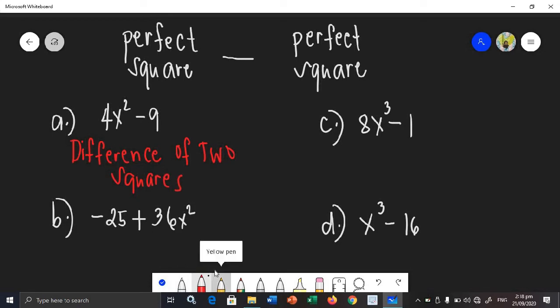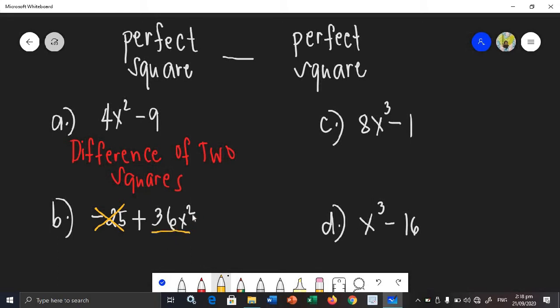How about the second example, or example letter B? So negative 25, the first term is already suspicious because it is negative. And take note that there are no negative perfect square numbers, they are all positive. So this is already wrong, of course. But the second term is a perfect square. 36 is a perfect square.